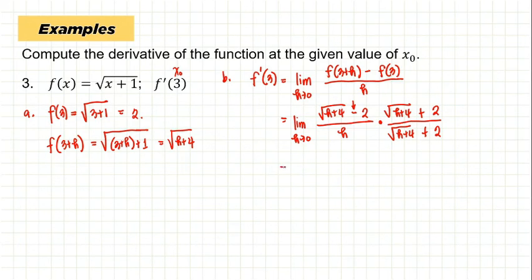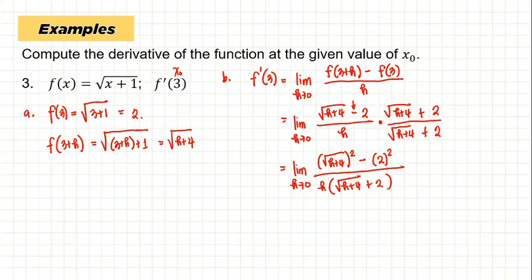So simplifying, we have the limit of, for the numerator, the result will be the square of the first term minus, always minus, the square of the second term. All over, you copy the denominator, square root of h plus 4 plus 2 as h approaches 0.